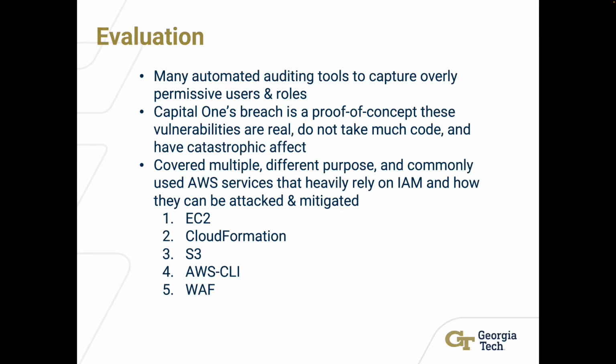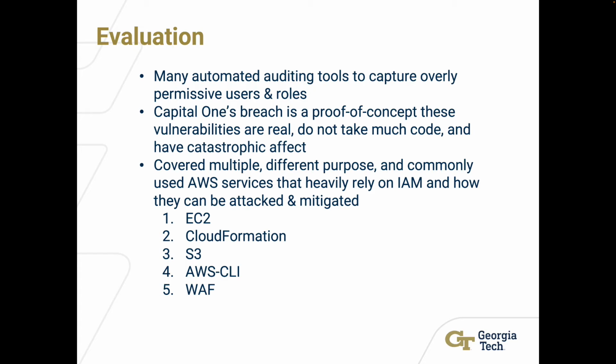And so the evaluation from this semester and my work so far is there's a lot of automated tools or just bash scripts that we can do around cron jobs to execute a lot of the information that we aim to find. And just a general proof of concept that these slight little permission mishaps really do have a catastrophic effect, and it can be hard to find them.